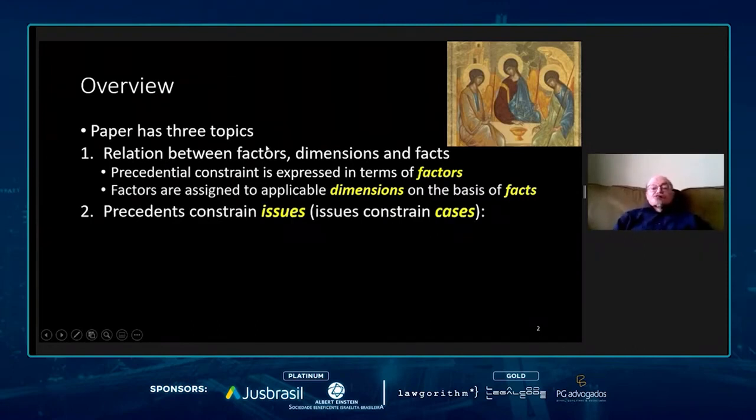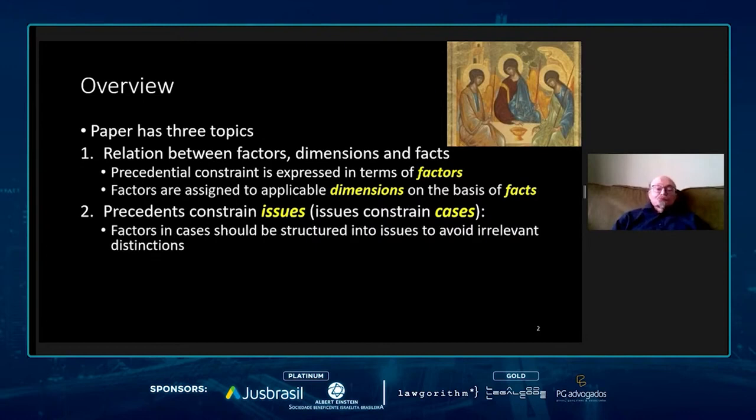Precedential constraint is about issues, and it's issues that constrain cases. So when thinking about precedent, you also think about issues, not cases as a whole. Factors in cases should be structured into issues to avoid irrelevant disputes.